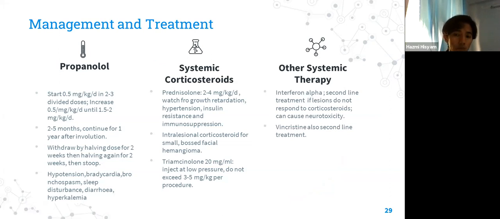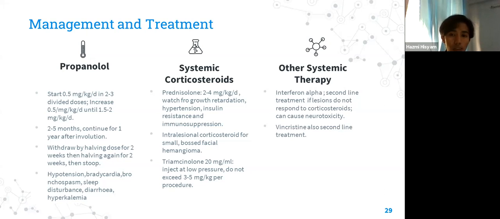If propranolol cannot be tolerated by the infant, we may give systemic corticosteroids such as prednisolone. We can also give intralesional corticosteroid for small, bulky, focal hemangioma. However, intralesional corticosteroid must be done by a very expert pediatrician.